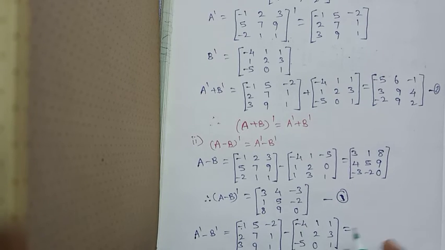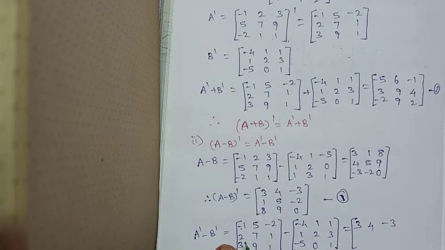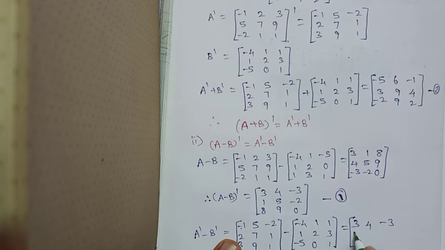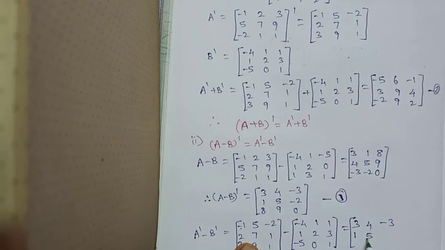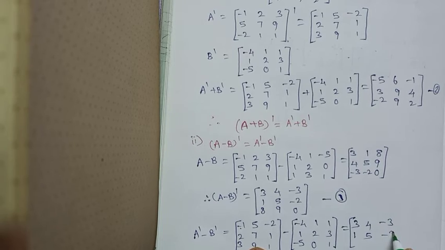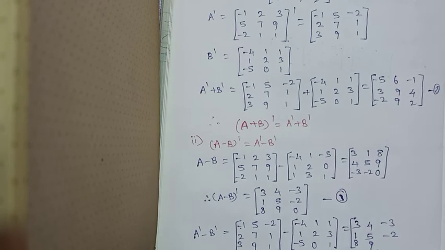So we subtract the two matrices. We get minus 1 plus 4, which is 3, and 5 minus 1 is 4, minus 2 minus 1 is minus 3, and 2 minus 1 is 1, 7 minus 2 is 5, 1 minus 3 is minus 2, and 3 minus of minus 5 is plus 5, so 8, and 9 minus 0 is 9, 1 minus 1 is 0.